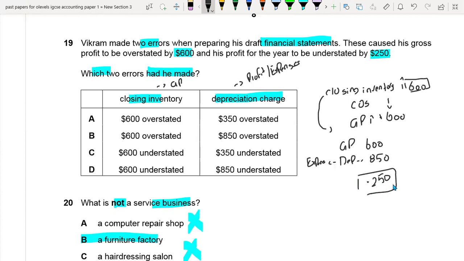That's why your profit is understated by 250. So the right answer is that closing inventory is overstated by $600, and your depreciation is also overstated by 850. So B option is the right option.